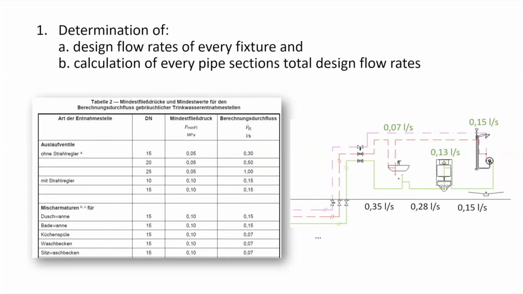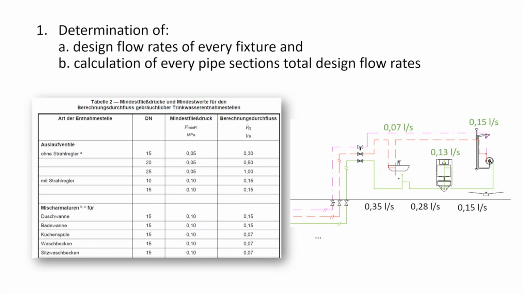On the right, you can see a little schematic of a bathroom with 1 shower, 1 toilet, and a wash hand basin. You start at the very last end at the shower. If we follow the cold water line, which is the green one, the last pipe to the shower needs to supply 0.15 liters per second.